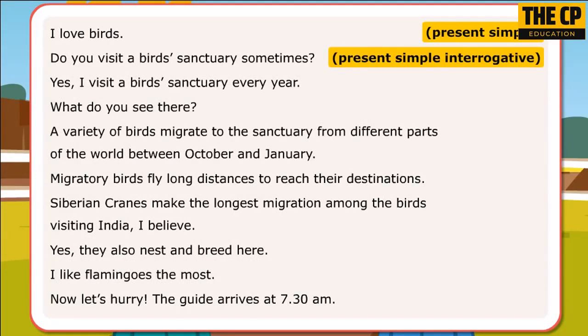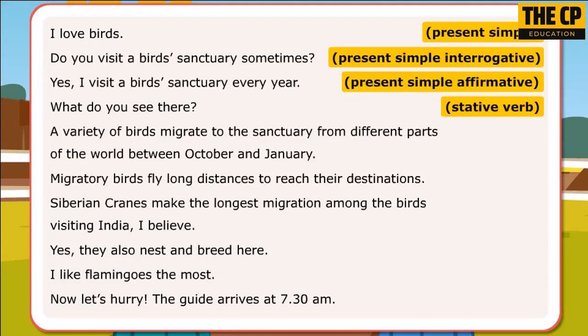Present simple interrogative. Yes, I visit a bird sanctuary every year. Present simple affirmative. What do you see there? Starter verb. A variety of birds migrate to the sanctuary from different parts of the world between October and January. Permanent situation, routine.